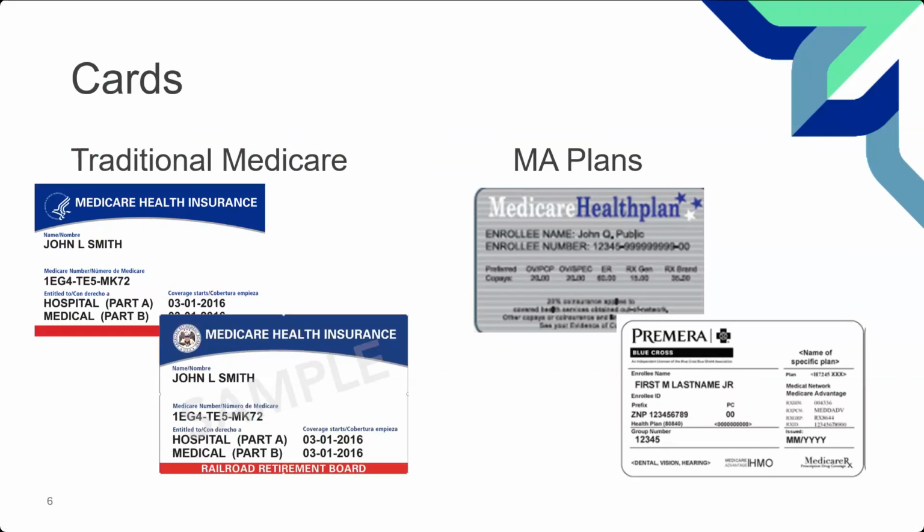Remember, they have to have Medicare A and B. The difference is who's paying for it, whether it is traditional fee-for-service or whether it is the patient's MA plan. This is one of the biggest tips. Ask for all cards. Or if they present you with a card, look at some of the different verbiage on there. Okay. So we don't know, for instance, that it's an MA plan right away, neither do you.